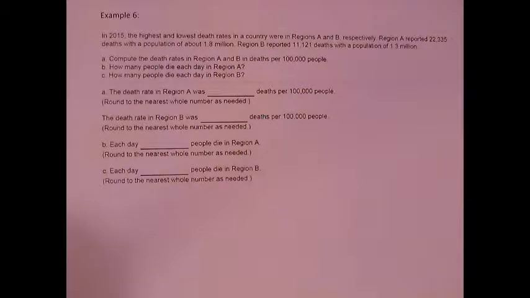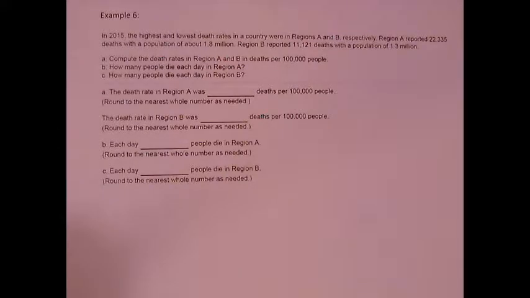Region B reported 11,121 deaths with a population of 1.3 million. So here we're going to compute the death rates in region A and B in deaths per 100,000 people. How many people die each day in region A, and how many people die each day in region B.